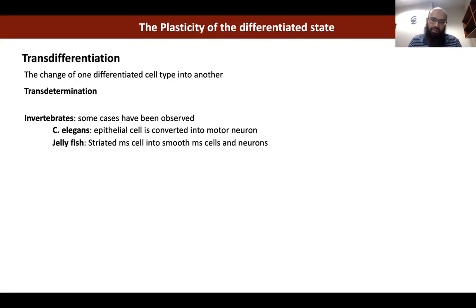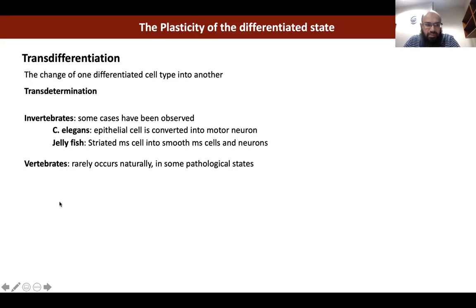They are not grown in a monolayer. So there's always this microenvironment of the cells, and that has a very important role in tissue growth and differentiation, which is actually demonstrated by this example.